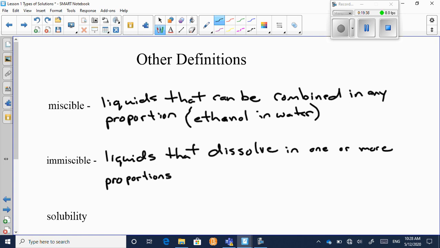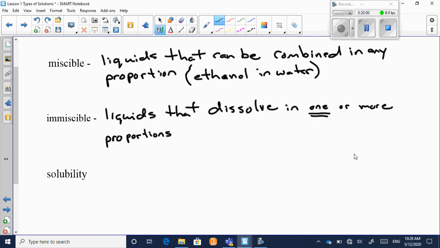Oil and water won't mix in any proportion, but notice that it just says one or more. So there are some alcohols, like the larger alcohols, like decanol or even octanol, that at some level won't mix with water. So there's an immiscible proportion for some of them.